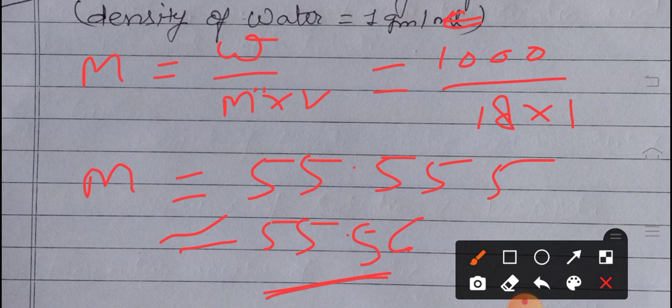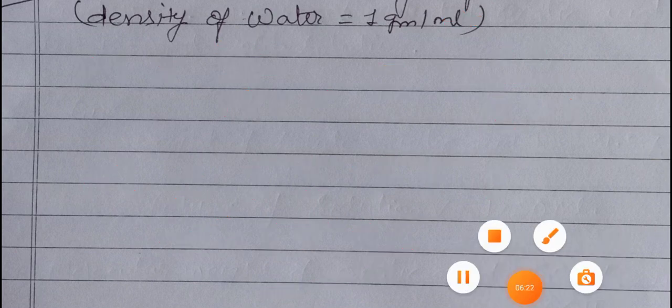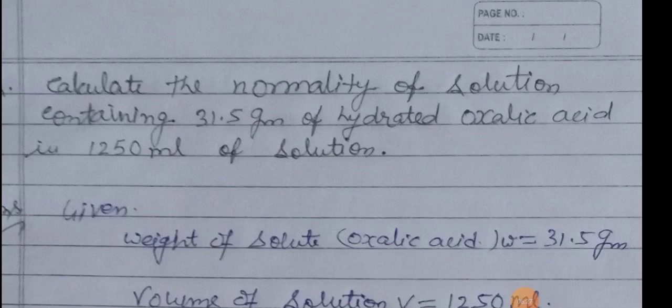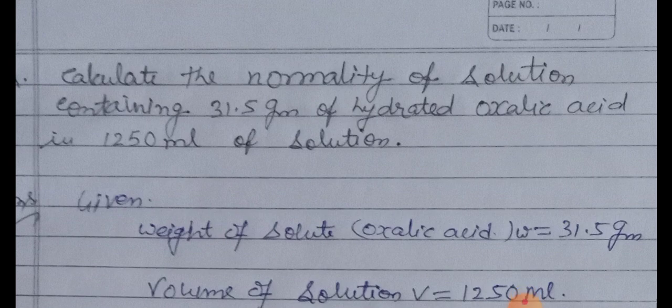Next question: I repeat again, calculate the normality of a solution containing 31.5 gram of hydrated oxalic acid in 1250 ml of solution. First of all, we define normality as the number of gram equivalents dissolved per liter.